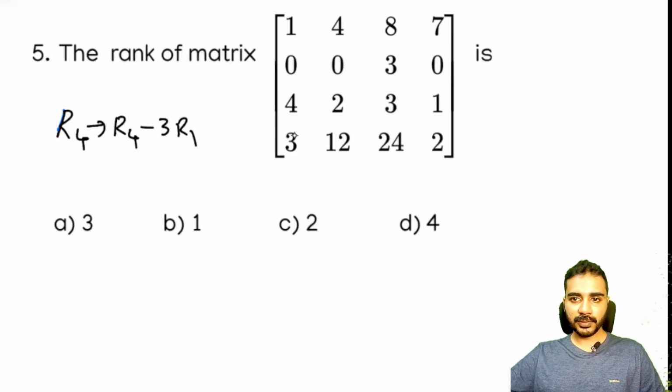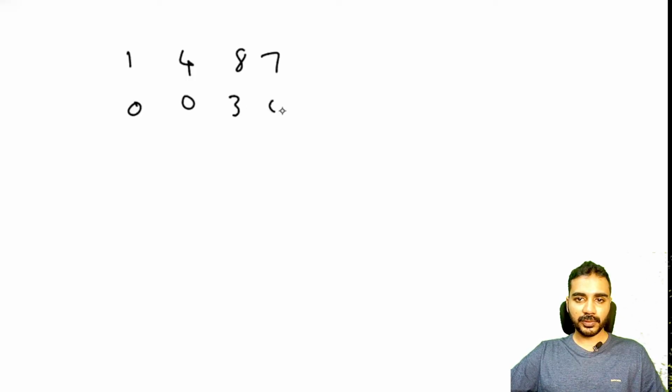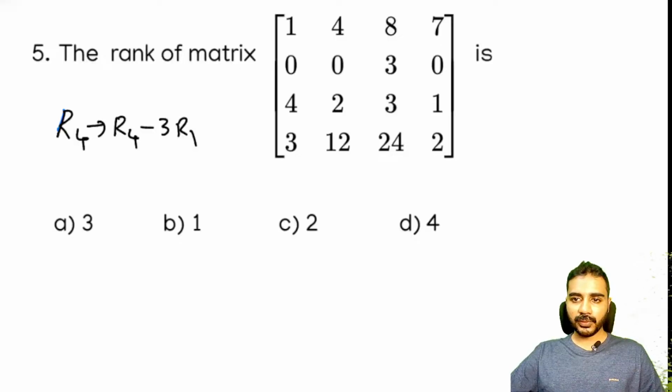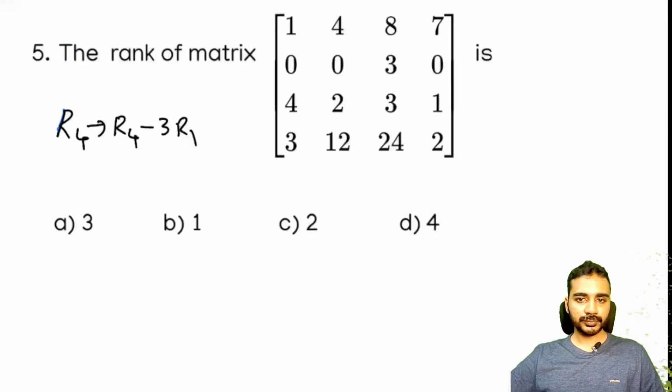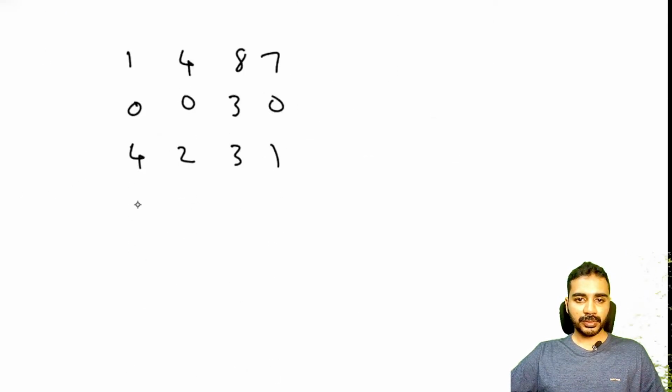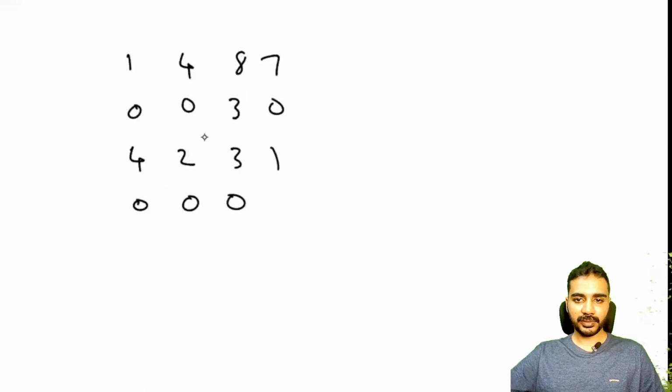If I do this, this matrix becomes 1 4 8 7, this remains the same. 0 0 3 0, 0 0 3 0, then 4 2 3 1, 4 2 3 1. 3 12 24 2 will become 0 0 0, and 2 minus 21 is minus 19.